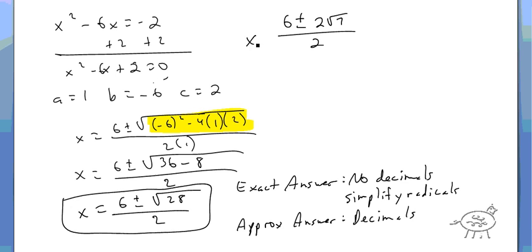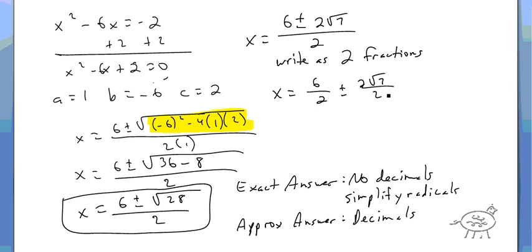All right. And so what I'd like you to do is, you can't really simplify the plus and minus because you can't really do 2 plus root 7 and 2 minus root 7. So what you need to do is write it as 2 fractions. So x equals 6 over 2 plus or minus 2 root 7 over 2.